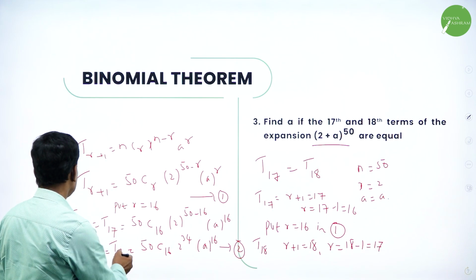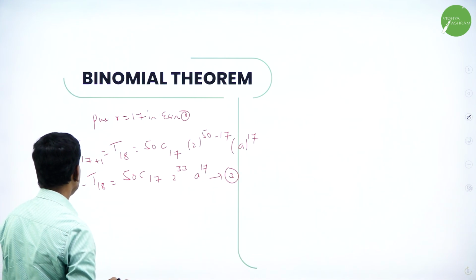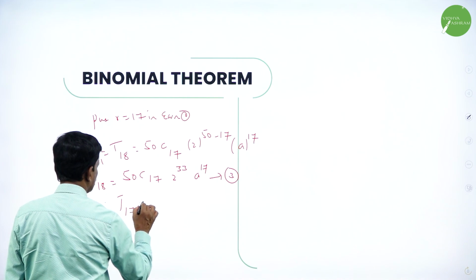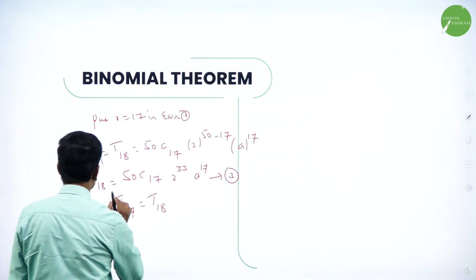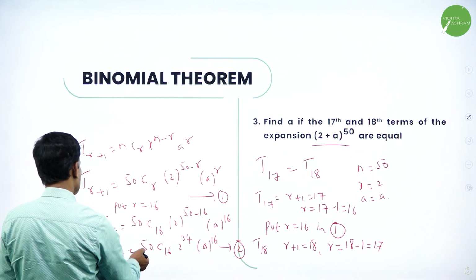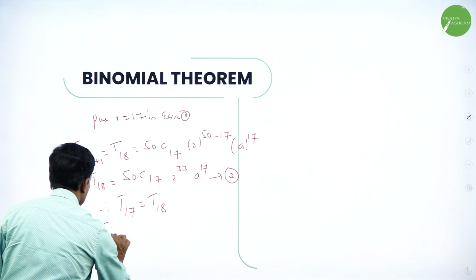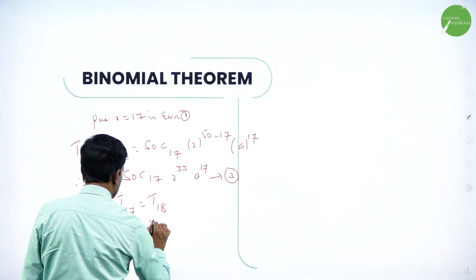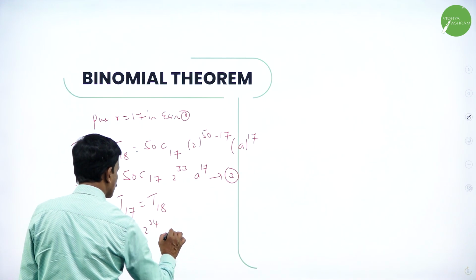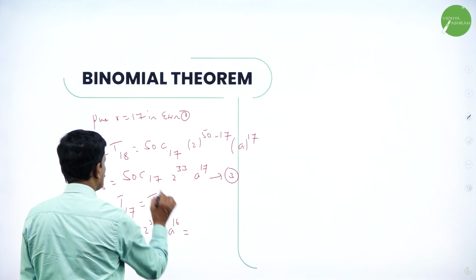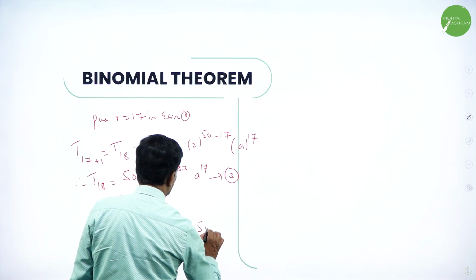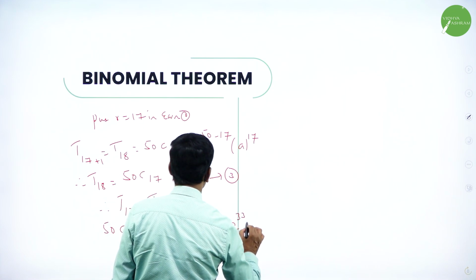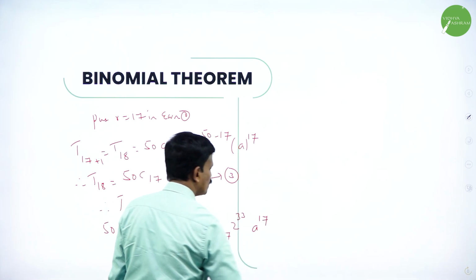Now, what is the given condition? The 17th and 18th term are equal. So, therefore, since T17 is equal to T18, that means what is 17th term? 50C16 into 2 to the power of 34 into a to the power of 16 is equal to the 18th term, 50C17, 2 to the power of 33 into a to the power of 17.